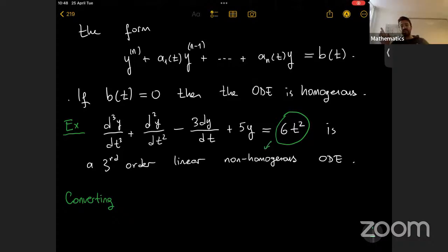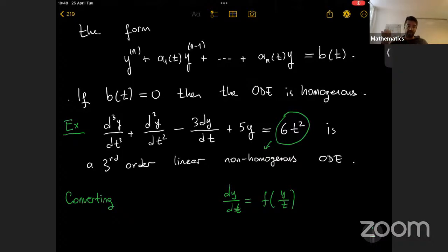Remember, homogeneous is used for different purposes. We also had this, dy/dt is equal to f(y/t). That's another thing. It's also called homogeneous, but homogeneous is used for different purposes.